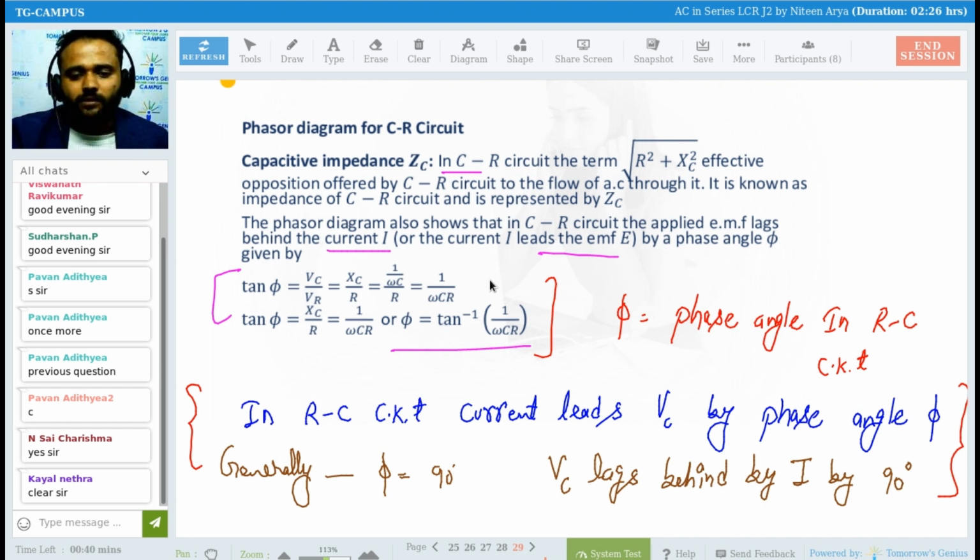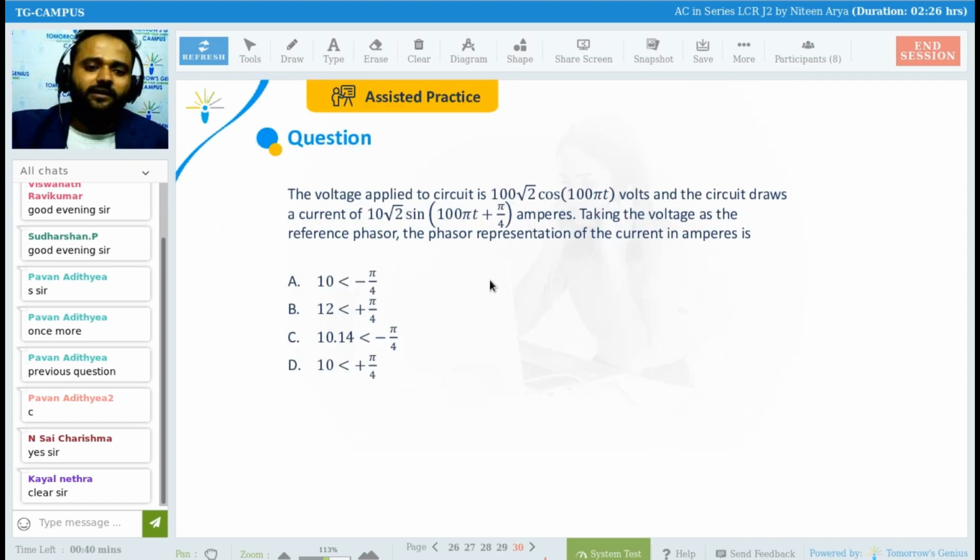Okay, so now it's your turn. Do this assisted practice. For assisted practice I can explain it to you, but I'm not going to solve it. The voltage applied to the circuit is 100 root 2 cos omega t, and it draws a current of this much.